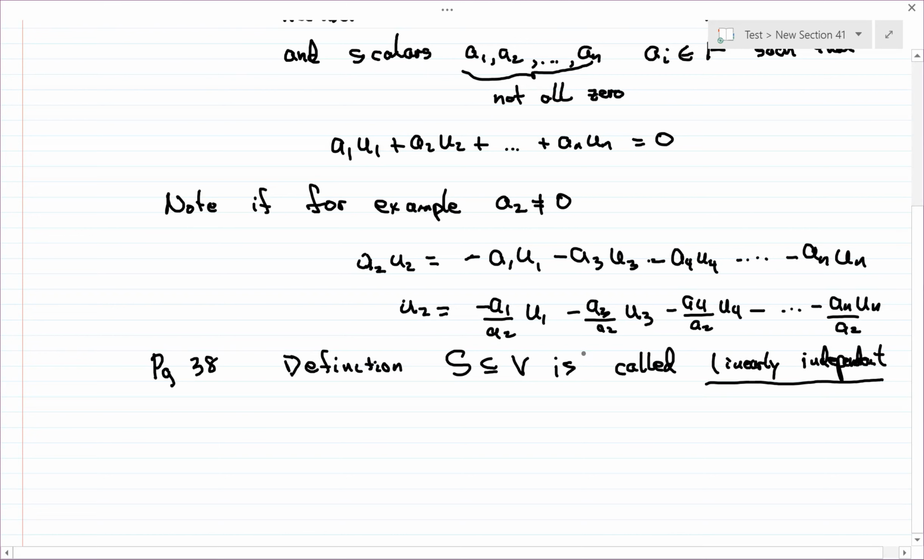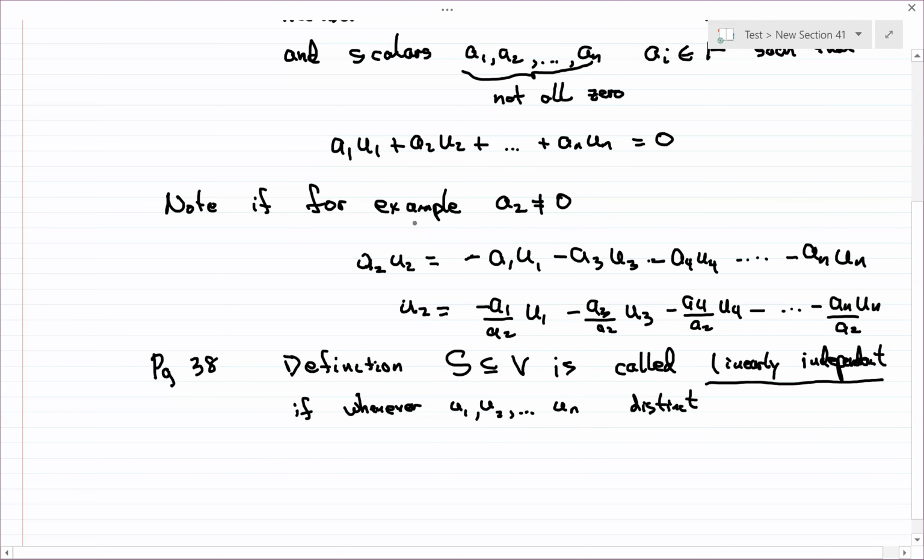It's called linearly independent if whenever you still have those same vectors, u1, u2, up to un, they're still distinct. So they have all the properties of the first definition.